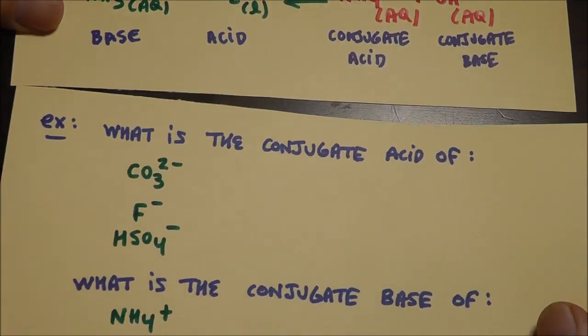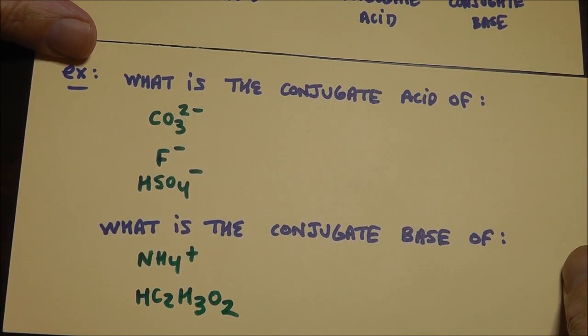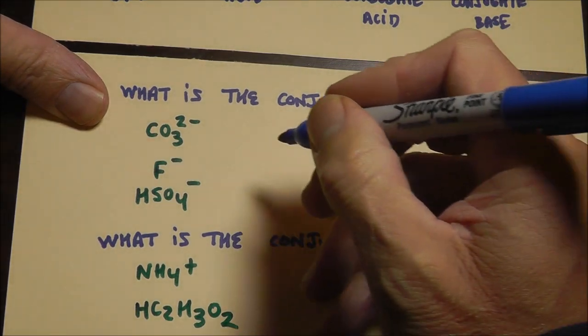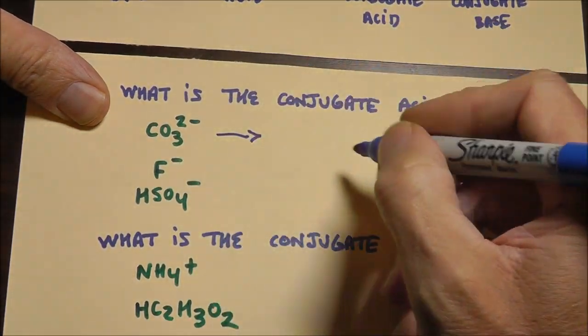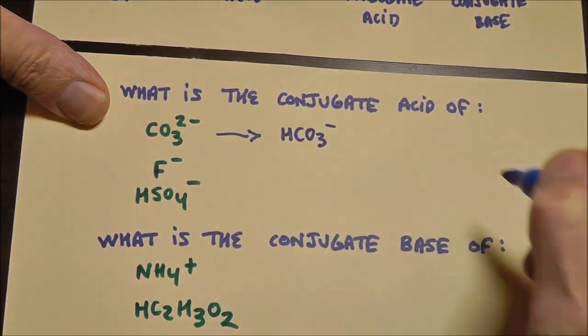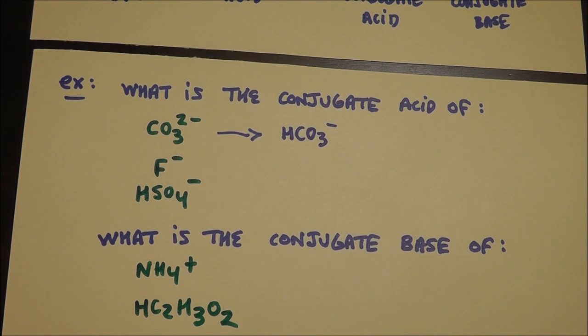So let's do a little practice. What is the conjugate acid of CO3 2 minus? That would be if I were to put an H plus on it, that would be the bicarbonate ion. All right, and then you say, hey, that pH water that Mike showed me, that was supposed to be a base, and actually, you know what happens?